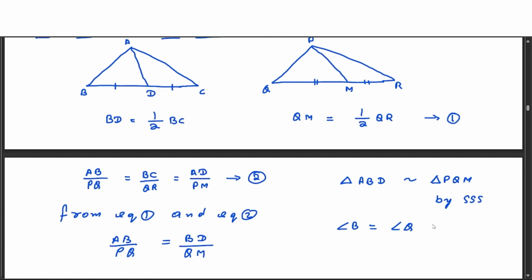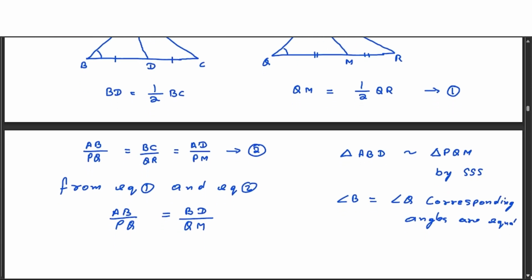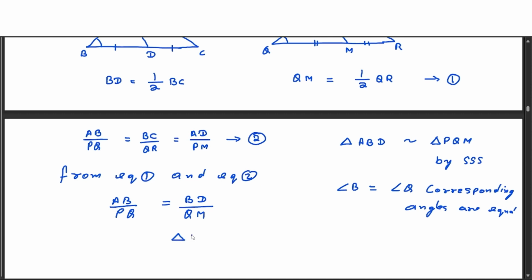So this angle B is equal to this angle Q. Now we have to take triangle ABC and triangle PQR, because we have to prove the similarity of triangle ABC and triangle PQR.